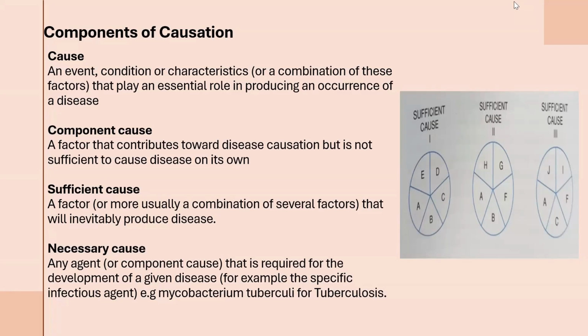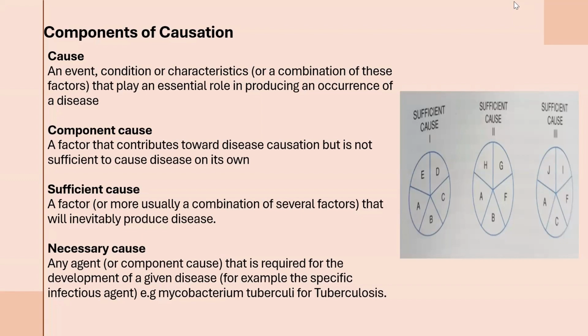And then finally, we have necessary cause. A necessary cause is any agent or component cause that is required for the development of a given disease, in which its absence cannot produce that disease. So the absence of a necessary cause will not produce that disease. A typical example is an infectious disease: if the organism that causes that disease is absent, then that disease cannot happen.